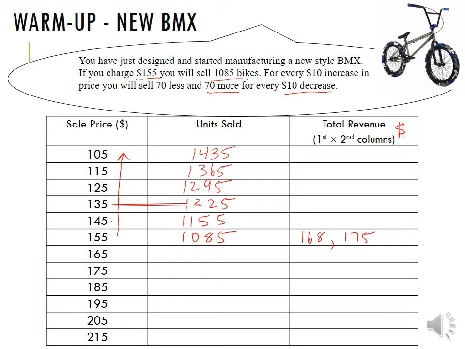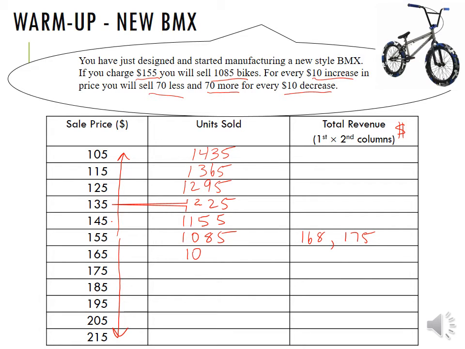And then it says for every $10 increase in price, I'm going to sell 70 less. So as I go this way, I am going to sell 70 less, meaning I'm going to subtract 70 from every unit sold I had before. So if I start at 1085 and I increase from 155 to 165, that's a $10 increase. I know I'm going to sell 70 less BMX.